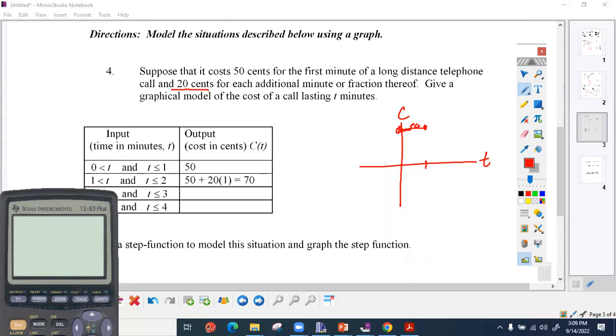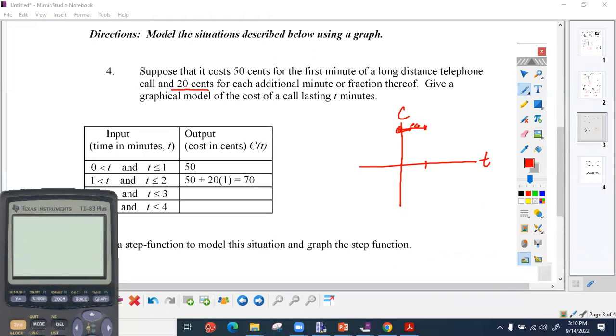Okay. So here on number 4, it says, suppose that it costs 50 cents for the first minute of a long distance telephone call and 20 cents for each additional minute or fraction thereof. Give a graphical model of the cost if the call lasts 15 minutes. So on the table, it tells you if you talk for more than 0 minutes, but less than 1 minute, you're going to pay how much? 50 cents, right?